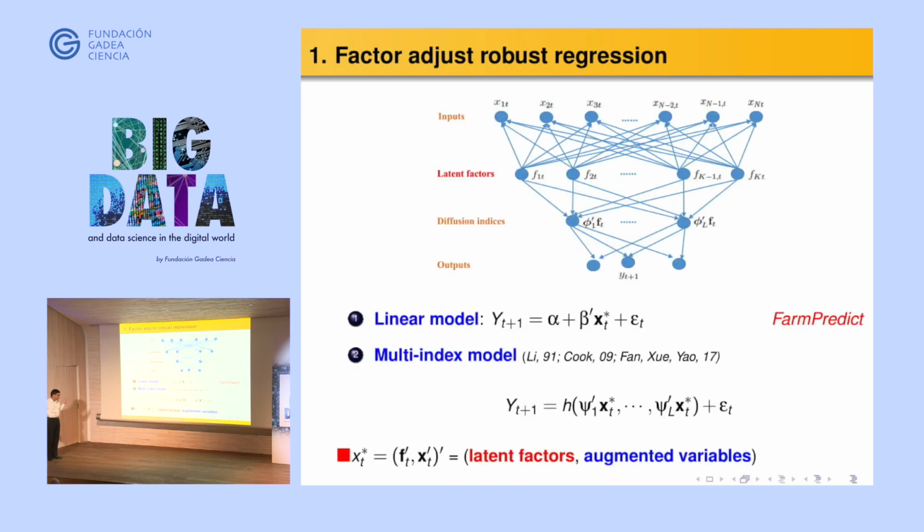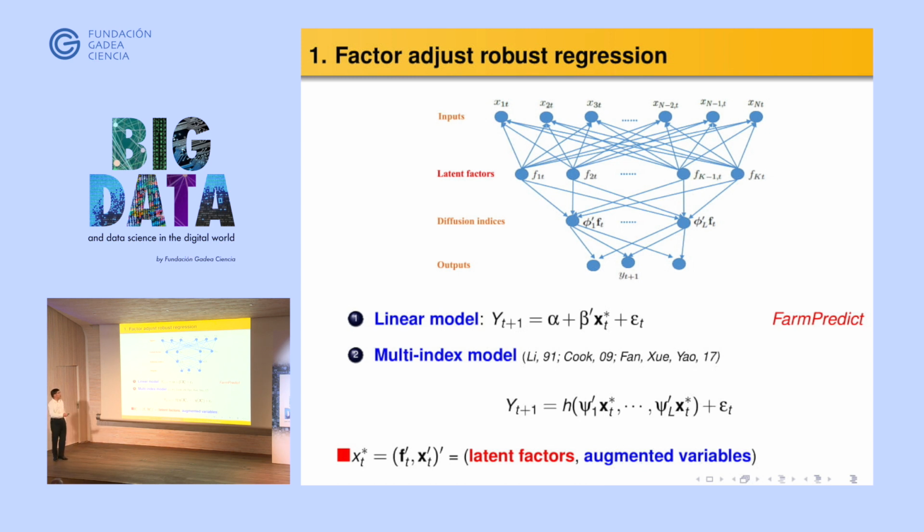And so now let's talk about factor-adjusted regression. The first one, we actually used a couple of years ago, and I'm not going to get into it, but basically it assumes there are latent factors that drive all those covariates, like the 131 macroeconomic time series. At the same time, these latent factors drive the outcome, such as the bond risk premia.